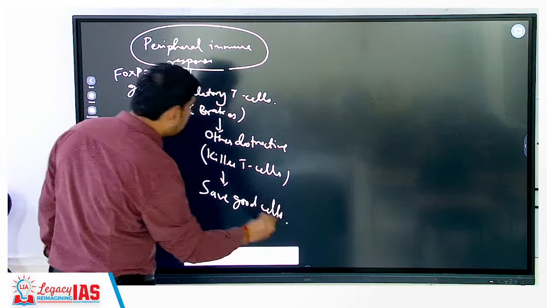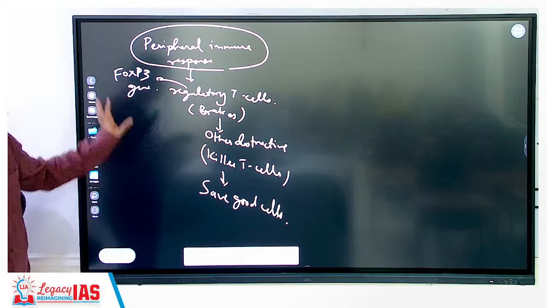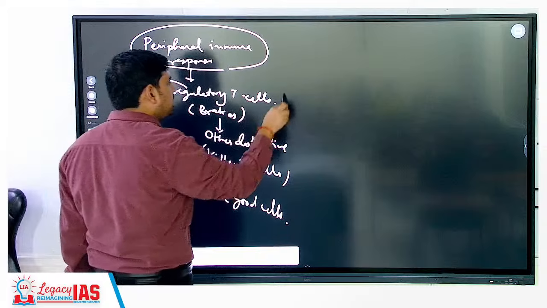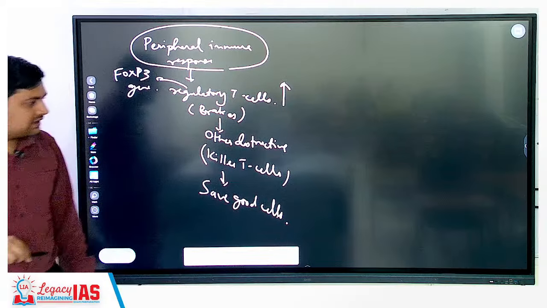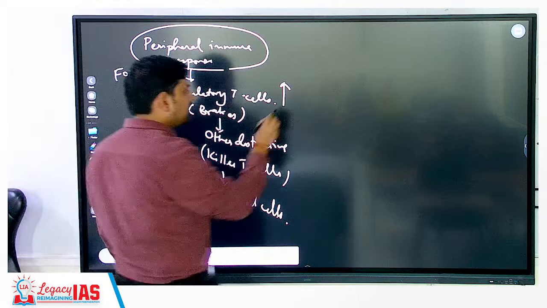Now, there were two things. If I somehow, by changing this gene or whatever, increase the concentration of regulatory T cells, what will happen? It will decrease my what?